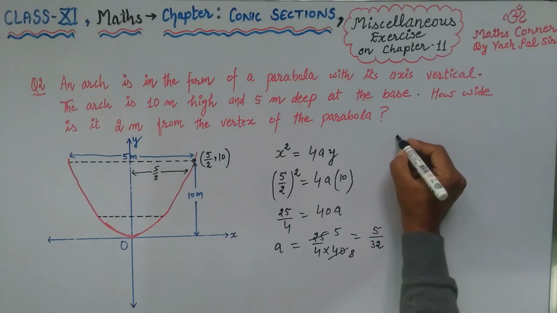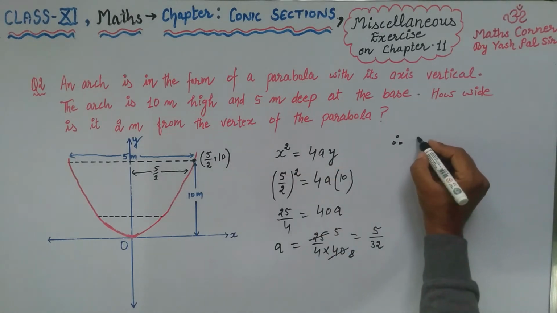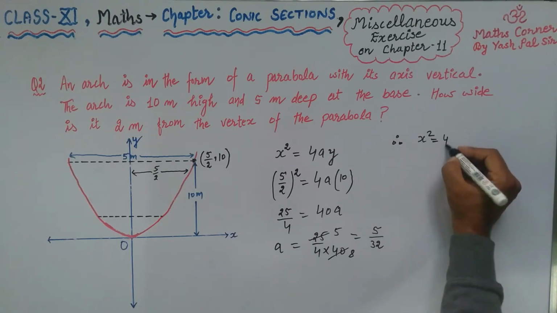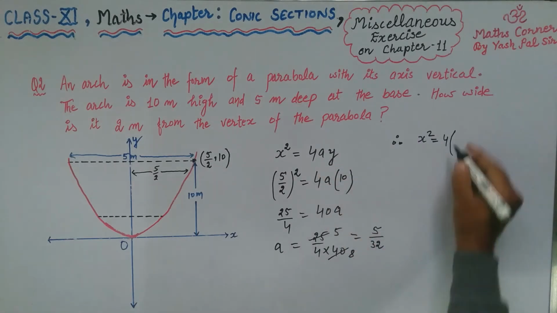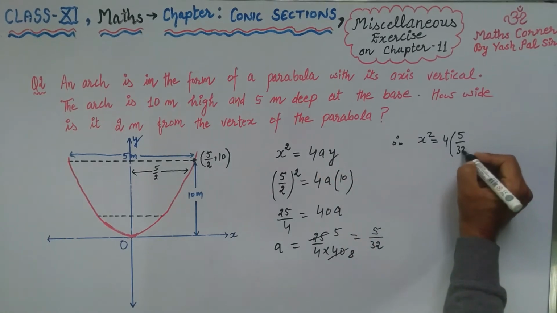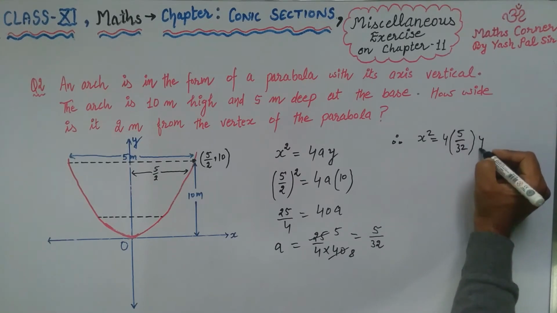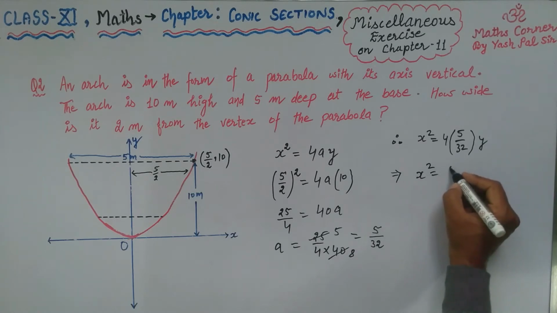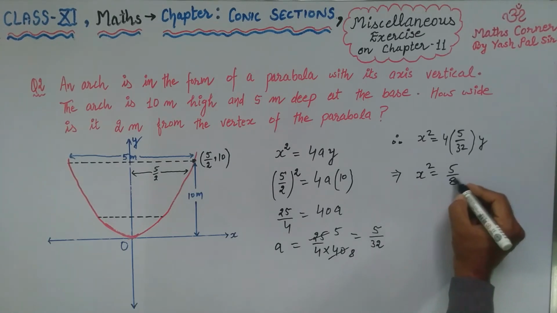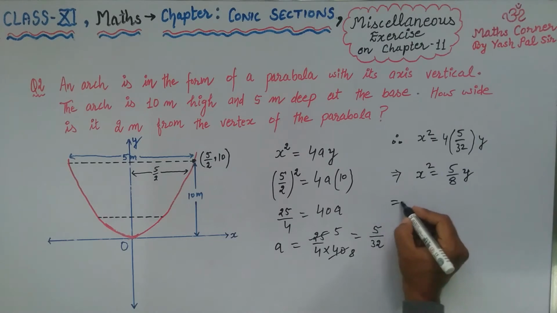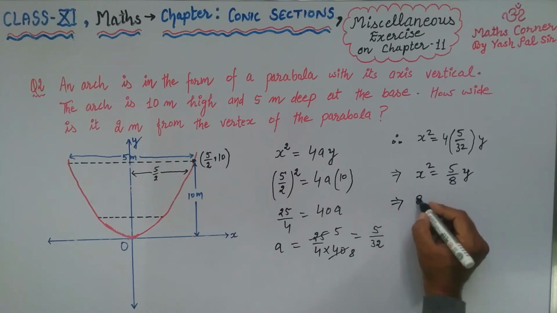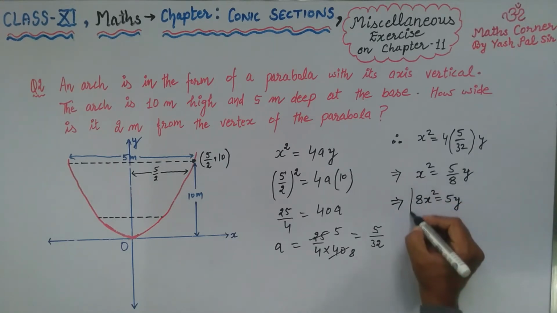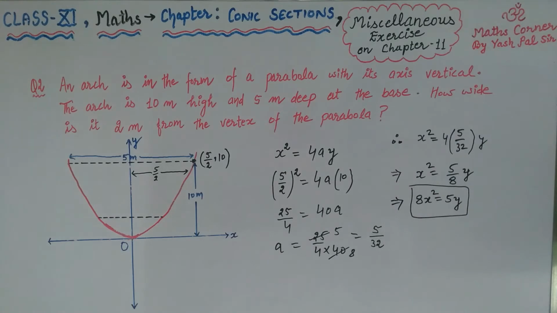So the equation of the parabola becomes x square is equal to 4 into a, a is 5 upon 32, into y, that is x square is equal to 5 upon 8 into y. That is, we can write 8x square is equal to 5y is the equation of the parabola.